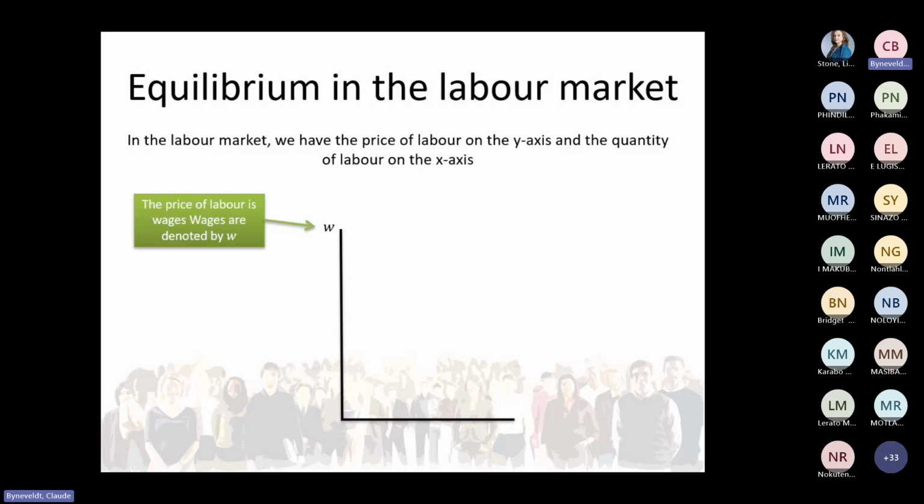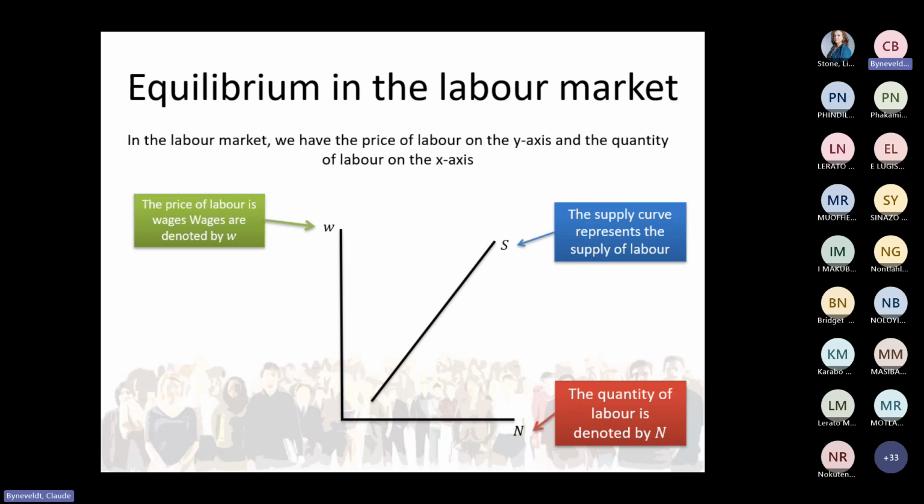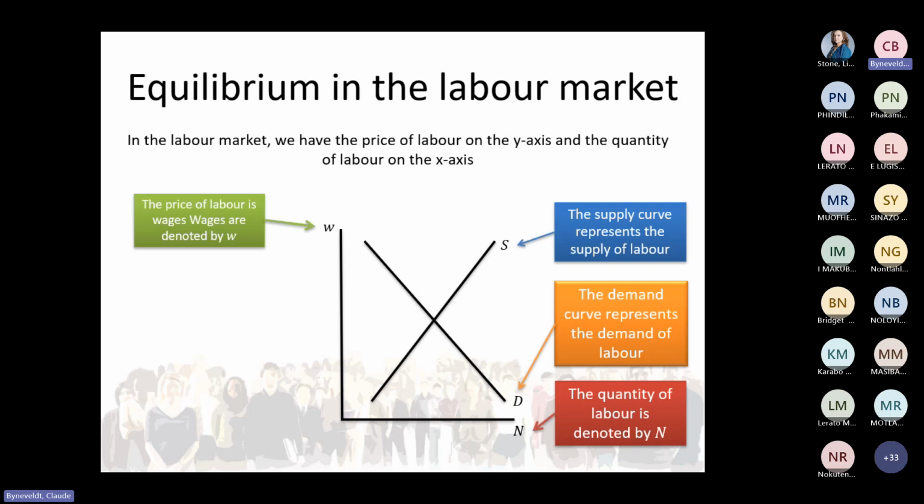So when we look at the equilibrium in the labor market, it's the same principle, demand and supply analysis. In the labor market, we have the price of labor, W, on the y-axis, and the quantity of labor on the horizontal axis, the x-axis. The supply curve represents the supply of labor, upward sloping, and D is the demand for labor, and the quantity of labor is N, the number of workers.